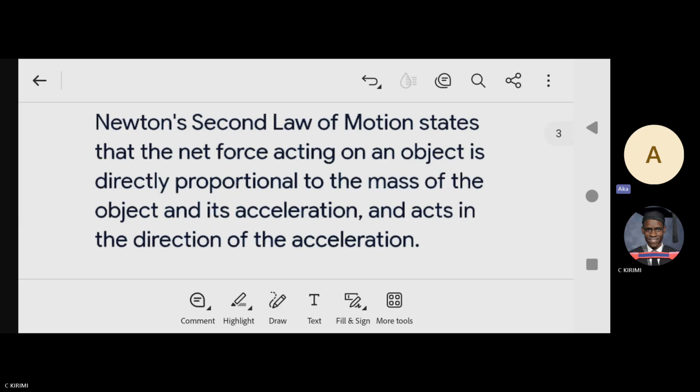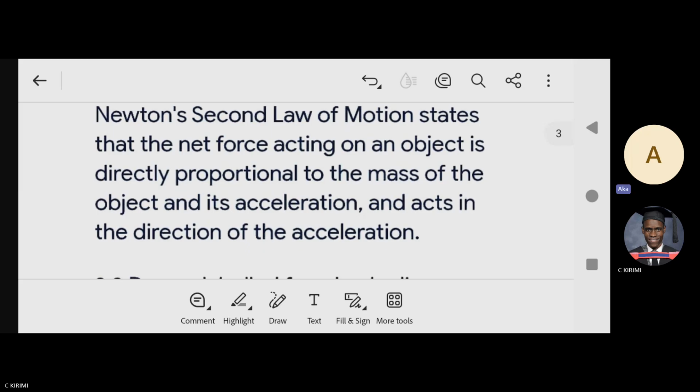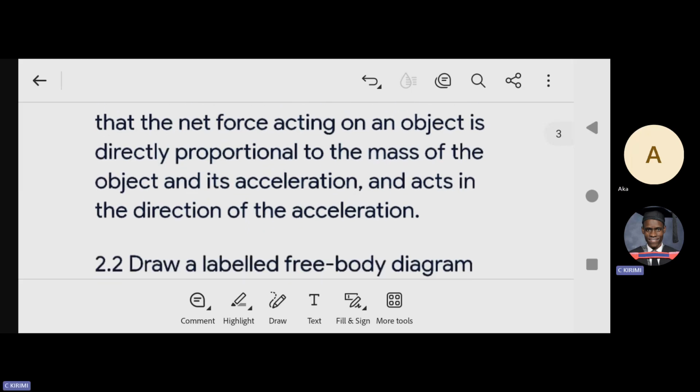F net always acts in the direction of the acceleration.